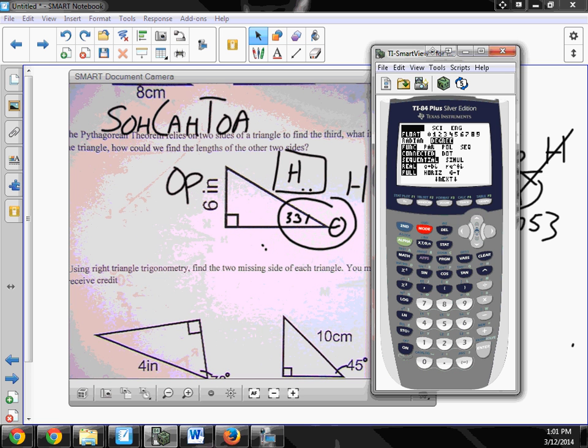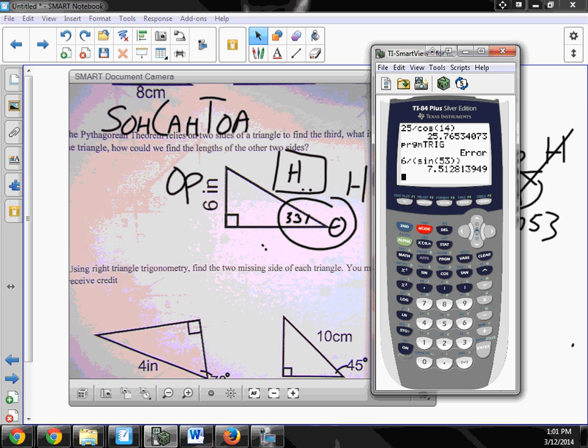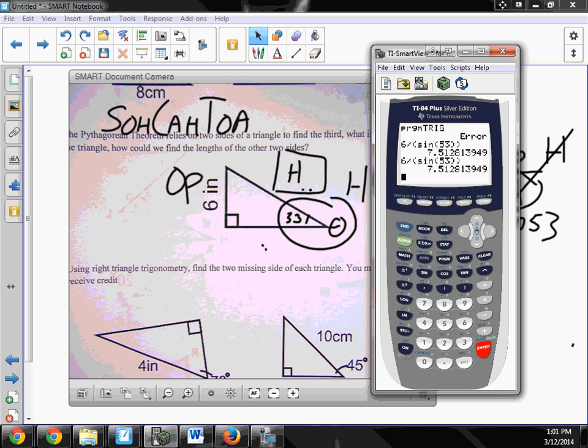In this chapter, everything we do will be degrees, but in the next chapter, we'll do half radians and half degrees. Just push mode, go down to degree and hit enter. Once you fix that, push enter again here, and you should get the right number. Then your calculator will stay in degrees. You don't need to make that change again.